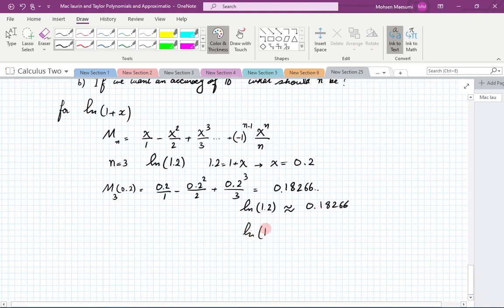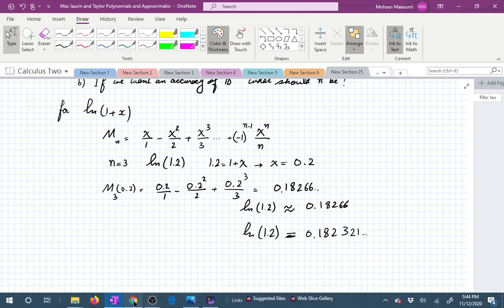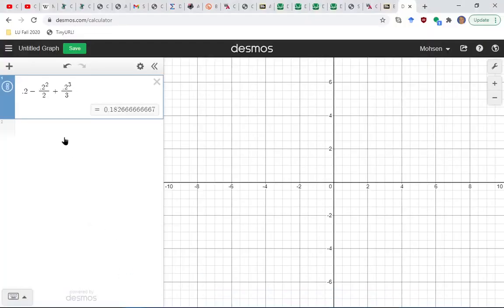Since we have access to logarithm, that is, you have a calculator that somehow magically actually gives you the logarithm, we can go ahead and calculate this and see. My calculator says 0.182321 and so on. And by the way, again, if you don't have your calculator available to you, you can always come and use this one. So ln of 1.2.